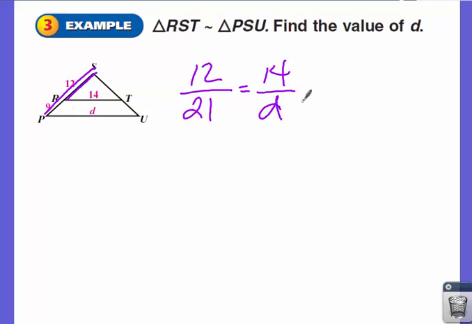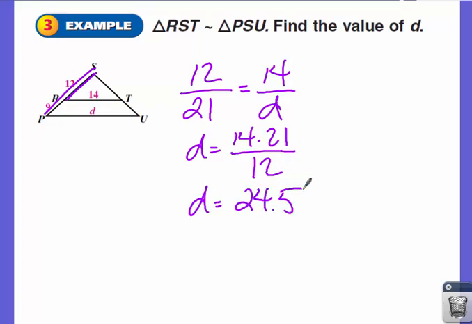Okay, so in this one right here, what we're going to do is D is equal to 14 times 21 divided by 12. So if we take a calculator and we type that in, 14 times 21 divided by 12, and we end up with D is equal to 24.5.